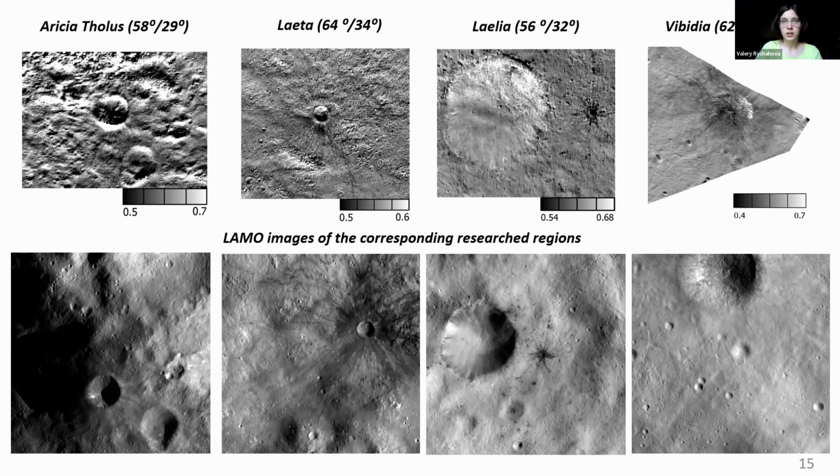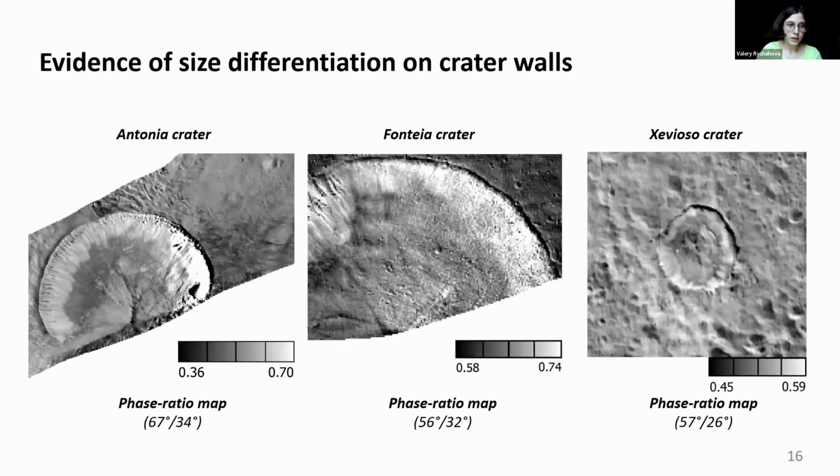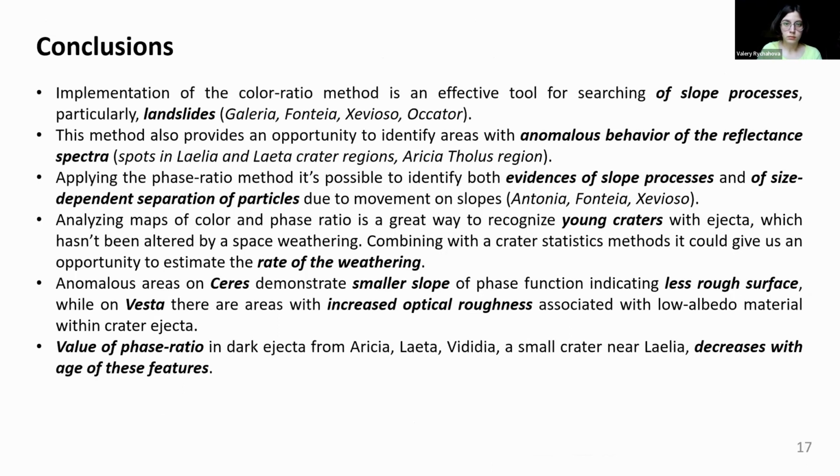So the younger the surface, the lower the number of new craters we could see within this area. Next, please. And also we could see evidence of size-dependent separation within crater walls, both on Ceres and Vesta. And the last slide is the conclusions.